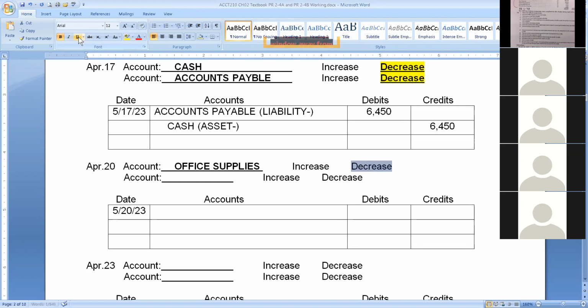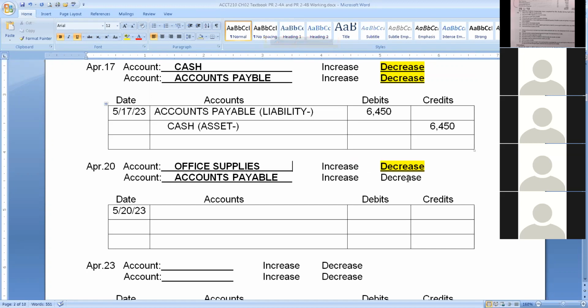We're basically going to reverse out that original entry for $325 worth of this, because we no longer owe them for that amount. So it's going to decrease both of them. We have fewer office supplies, we sent them back, but we also don't owe them for that $325.